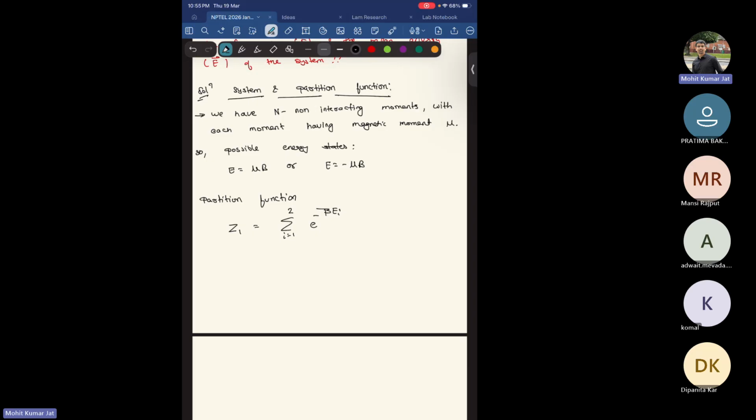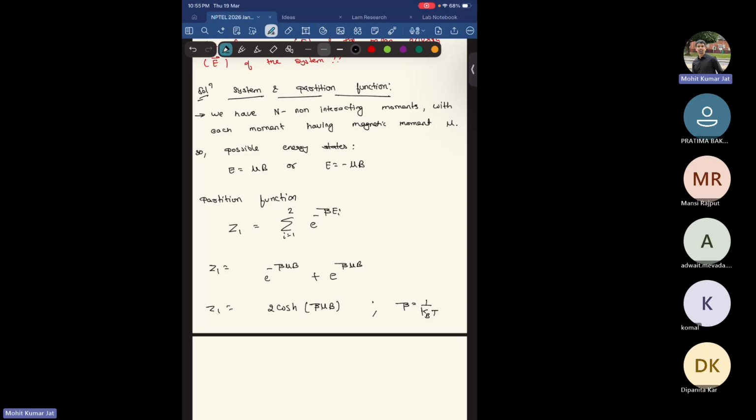So if we do so, this is e to the power minus beta mu B plus e to the power beta mu B. So this is 2 cosh(beta mu B). So this is the partition function, with beta equals 1/kBT, where kB is the Boltzmann constant and T is the temperature, right?